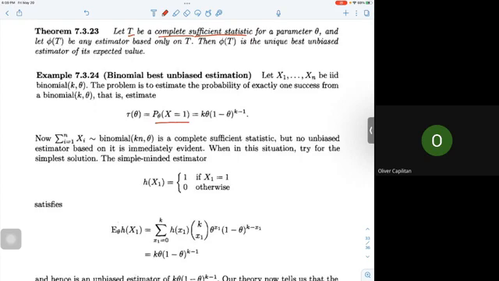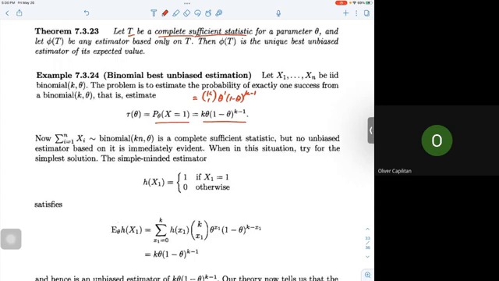If we have only one success, so the probability that x is equal to 1, and that's actually a combination of k taken 1, the probability of success raised to 1, times the probability of failure, 1 minus theta, raised to k minus 1. So that's our function of our parameter. This is what we're going to estimate.